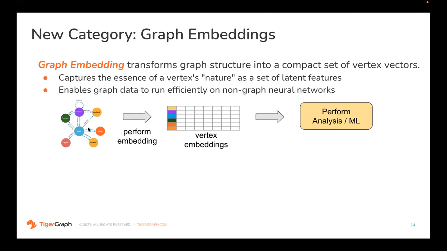The colors here match the colors over there. And then a vector, and that vector is called the embedding. So if I have 6 vertices here, I'm going to say I have 6 embeddings for those 6 vertices. So that vector represents the connectional information.